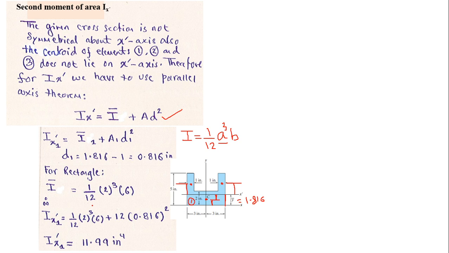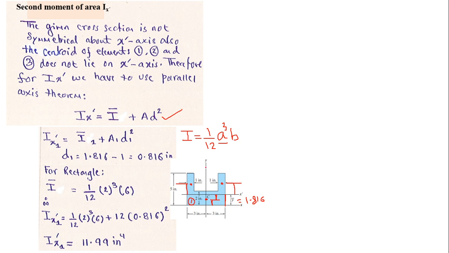So 1 by 12 is a constant, it will come as it is. Then you notice that one of the dimensions of this rectangle 1, shape 1, is 2 inches, while the other dimension is 6 inches. So you have to actually take the cube of one of these dimensions, either 6 or 2, but which one?